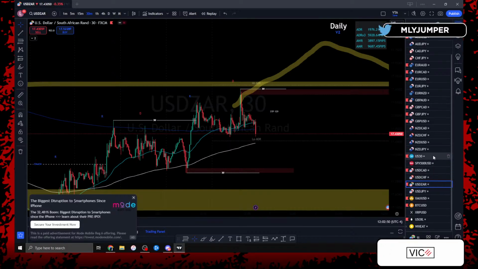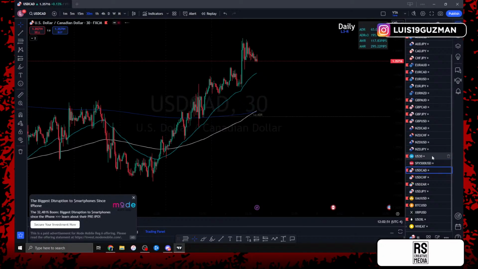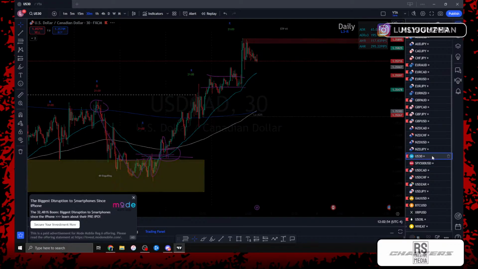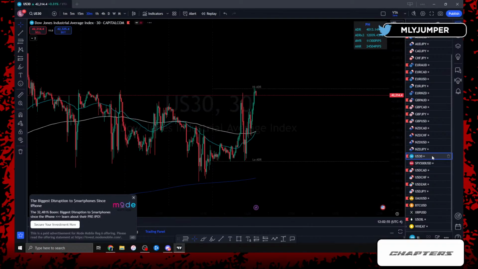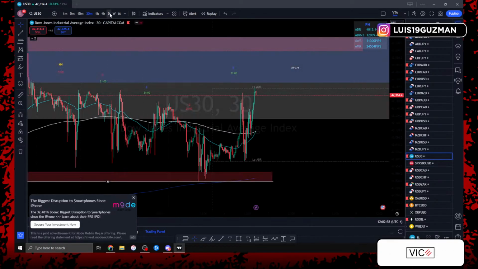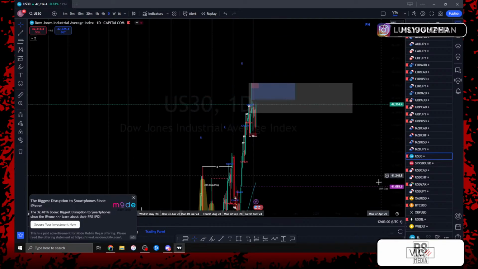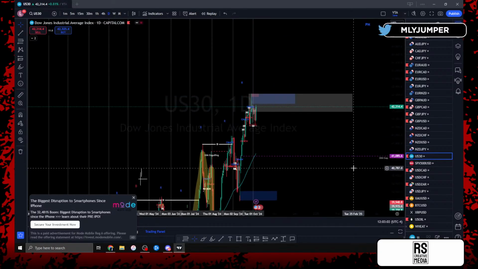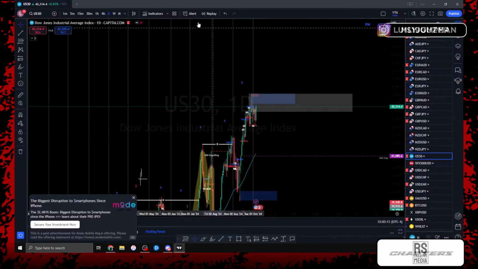USDZAR is in a pretty weird spot, or really similar to USDCAD, right? And then again, it makes you believe about US30, because if we understand USDCAD and USDZAR move opposite of US30, then if USDCAD and USDZAR start going down, we know 30 is going to continue that push to the top side, right?